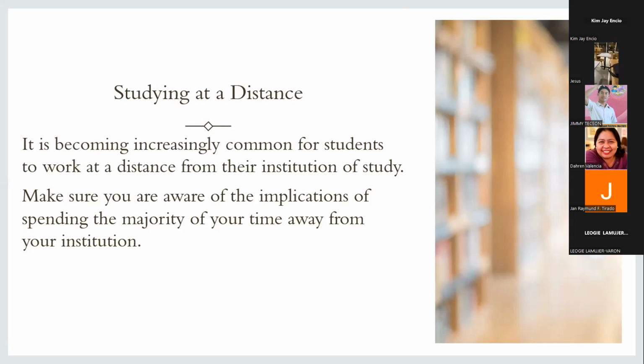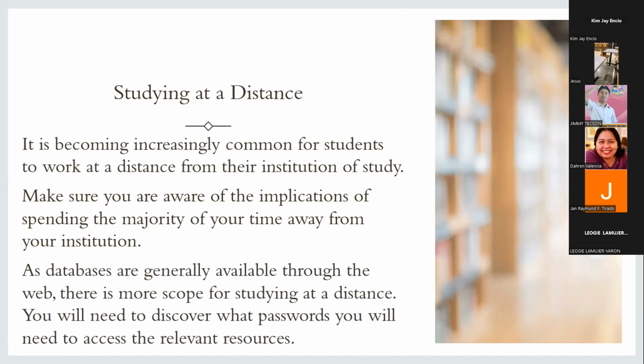You have to pay for the journal format. Either you pay or you can write a letter to the authors. And as databases are generally available through the web, there is more scope for studying at a distance.